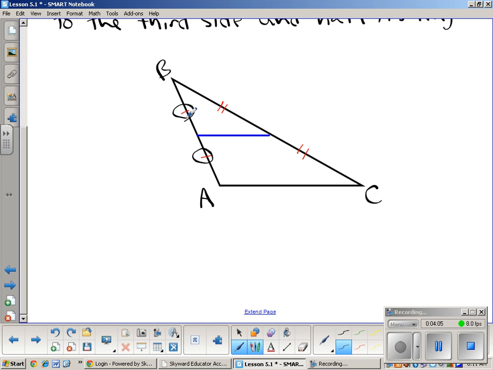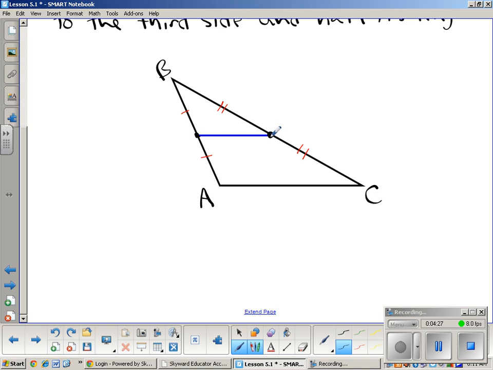Those two segments are congruent, right? And these marks here mean that those two segments are congruent, right? If they're congruent, then what does that make these two points? Midpoints, right?